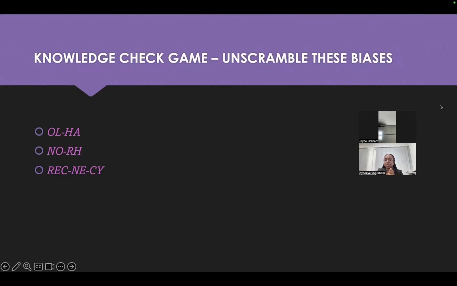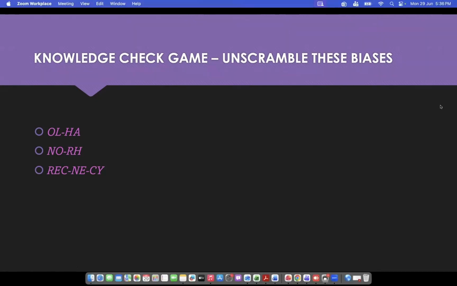So we are going to take, let's say, the next 2 minutes to do this exercise. I'm going to the chat box. So try to unscramble one of the words, put it in the chat box, and tell me what you know about that word or how you understand that bias.